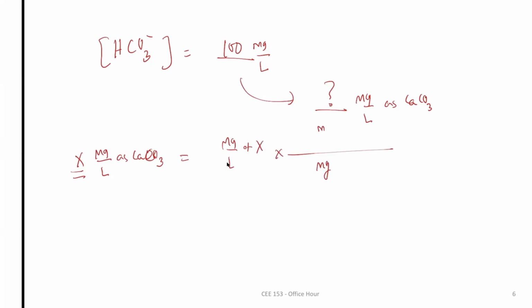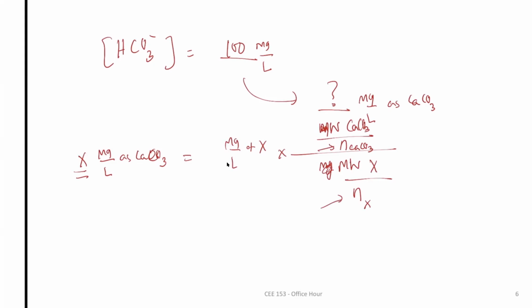The molecular weight of CaCO3 divided by the N of CaCO3, and then the molecular weight of X divided by the N of X, right? Okay, so you are asking why we are doing this.